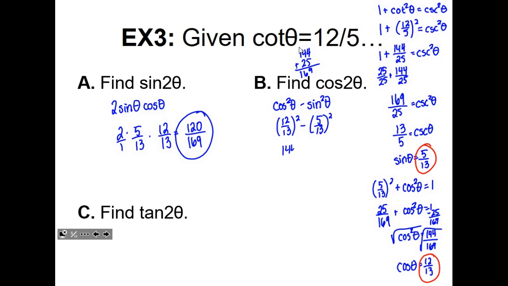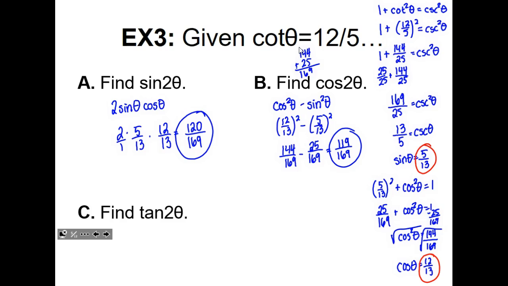So I get 144 over 169 minus 25 over 169, and that is going to give me 119 over 169. Questions so far?